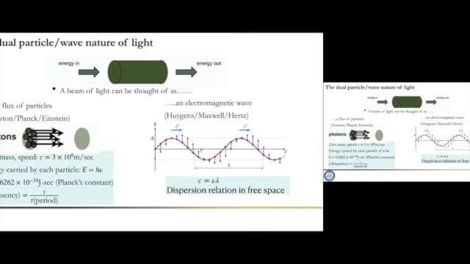Nowadays, we take on a modern view of this, which is that a beam of light, where we are thinking of the beam of light as delivering energy from one side to another, can be thought of as a flux of particles.